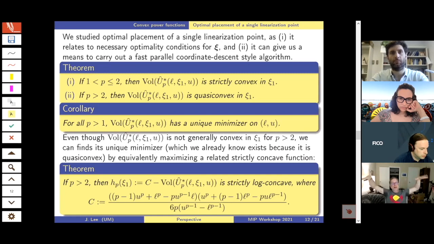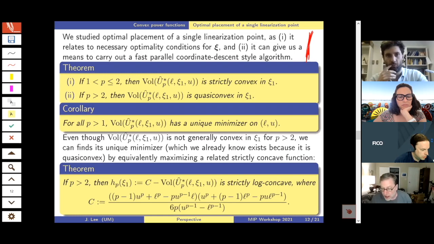And these are all kind of separate. So I can iteratively go back and forth in parallel between the odd numbered and the even numbered breakpoints and do something quite fast in a sort of coordinate descent style. So that's why it's interesting to think about algorithms and bounds on where a single linearization point should be placed.